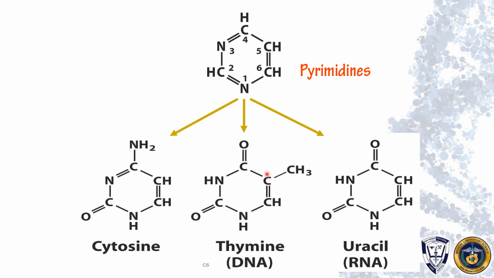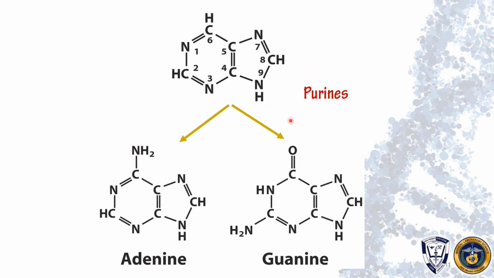And the thymine is not present in your RNA. It is only present in your DNA. The counterpart of the thymine in the RNA structure is your uracil. For purines naman, we have your adenine and your guanine.